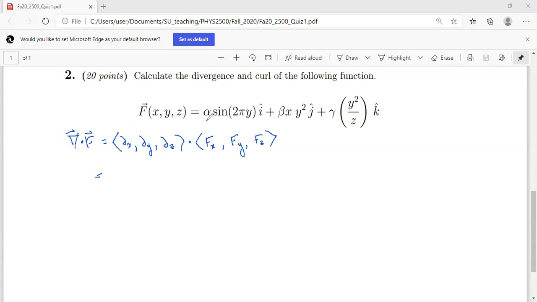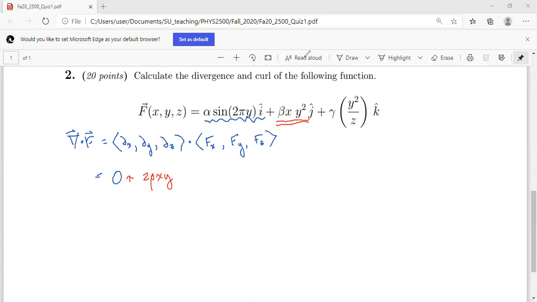And so I get d by dx of this stuff. I don't see anything in there that depends on x, so that's gone. And then I get d by dy of this stuff. I do see stuff that depends on y, so I'm going to get 2 beta xy. Let me double check that, because we put stakes on this, yeah.